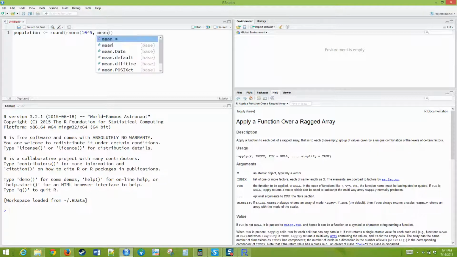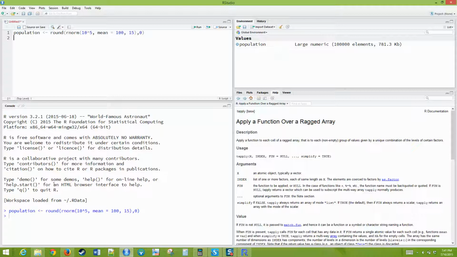What do we want the mean of our population to be? 100, okay. With a standard deviation. So maybe this is like IQ scores. Mean of 100, standard deviation of 15. We're going to round it off to 0.